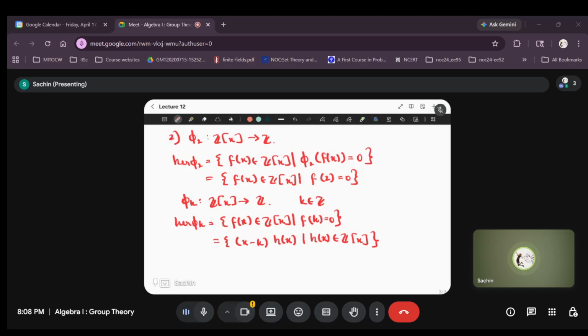So tomorrow I'll do problems. Day after tomorrow also I might do problems. After that we'll start with fields. Once we are done with it, we'll go back to groups and cover all the topics in groups. Then we'll come back to rings and cover the remaining things. Okay. Good night.